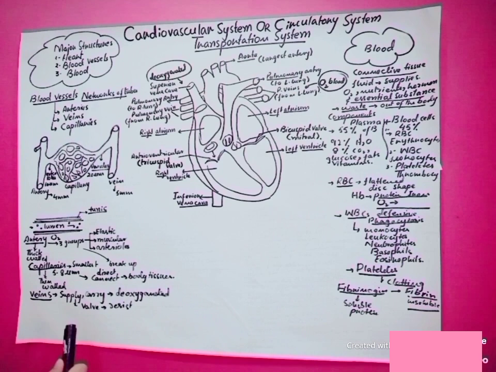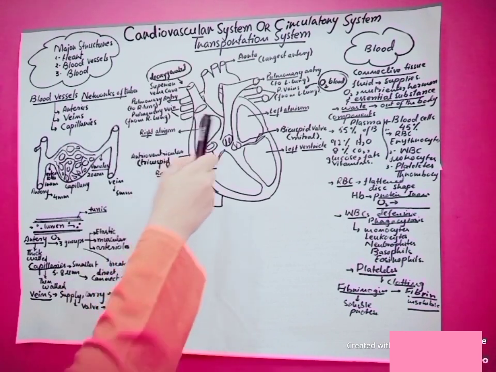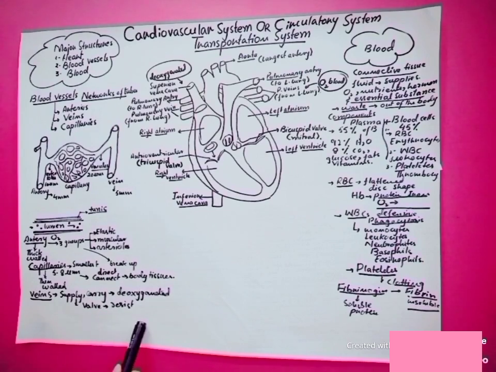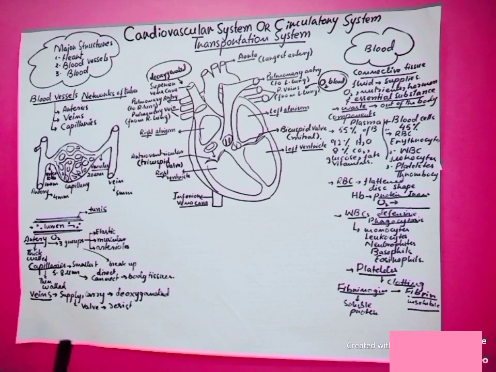Only pulmonary vein, as I told you in heart, transports oxygenated blood to heart, while all other veins in our body carry deoxygenated blood.